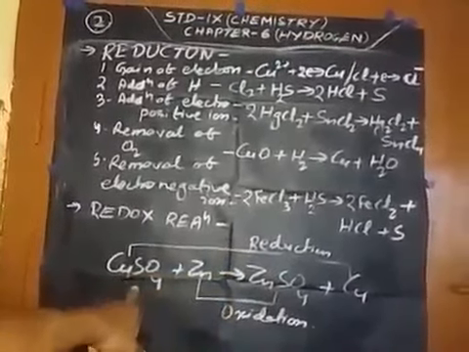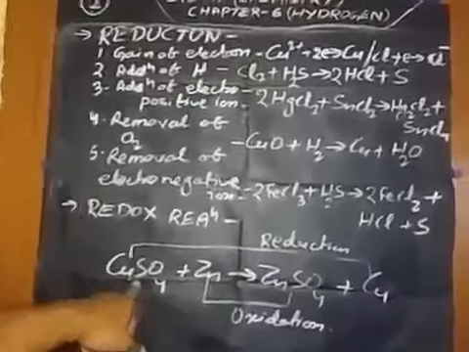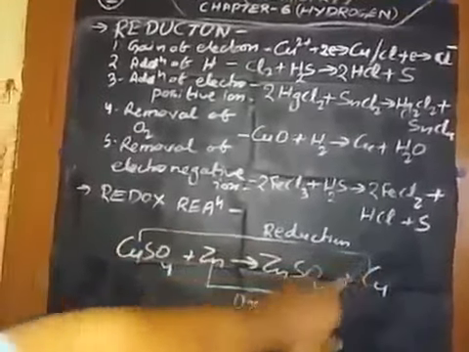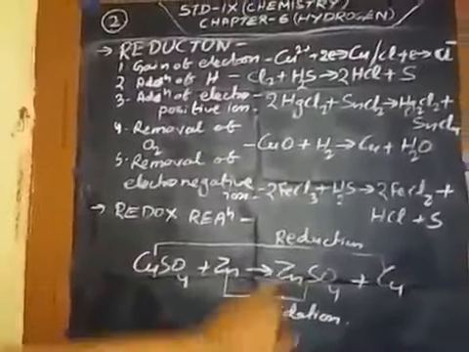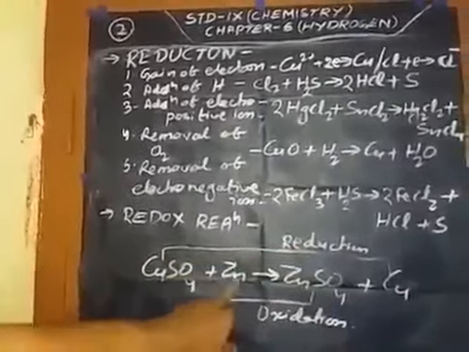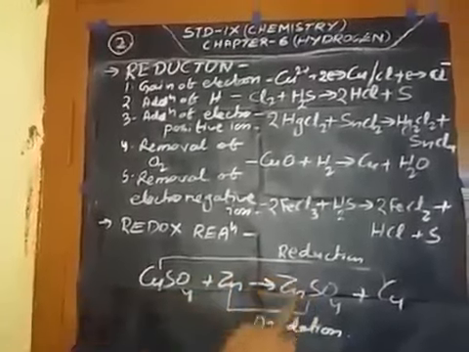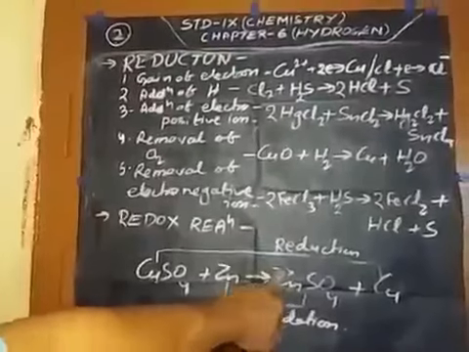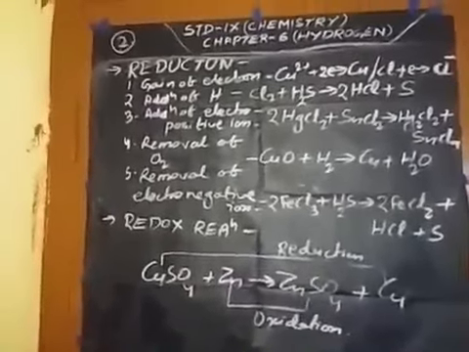One example: copper sulfate plus zinc forms zinc sulfate plus copper. So copper here is 2 plus, gaining 2 electrons to form copper, that is gaining of electrons, reduction. Here zinc goes from 0 to 2 plus by removal of electrons, forming zinc ion, that is oxidation.